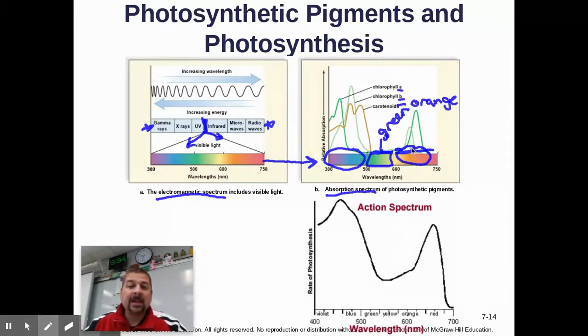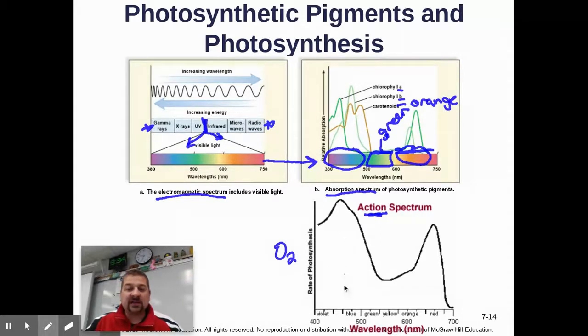If we take a plant and shine different color bands of light on it and measure, this is called an action spectrum, not absorption, action. The rate of photosynthesis can be measured as the amount of O2 bubbles being given off by a plant when you shine different wavelengths of light on it.